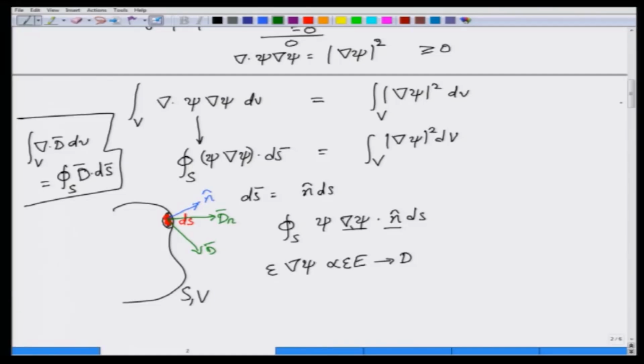So, it is clear that even if it is not Dn, if the material medium is there, then it would be proportional to En. So, this del psi dot n could very well be a quantity which is En, the normal component of the electric field at that surface area. Okay. So, this is one thing, you just keep this in mind, we will be requiring it after a certain time. There is another interpretation over here.